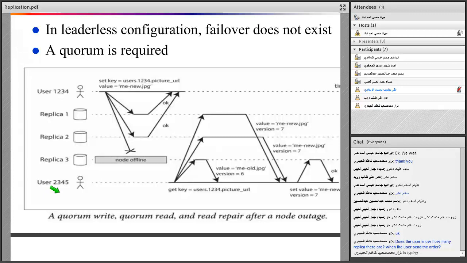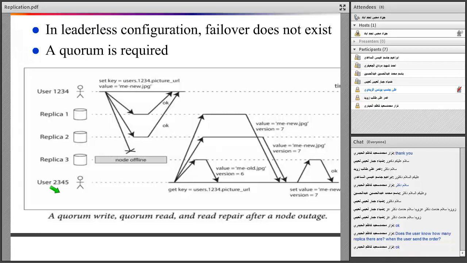When the user sends the write, the order is not important in this technique. I'm going to talk about the order, and there is no order in the data. I'm going to talk about it.